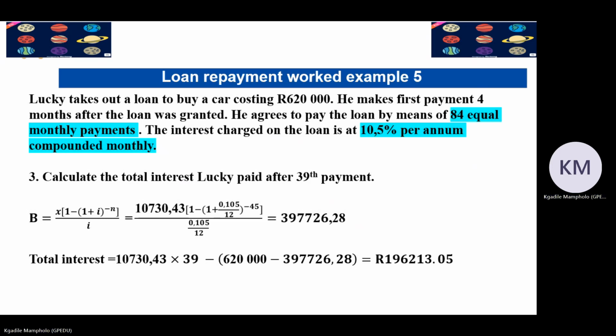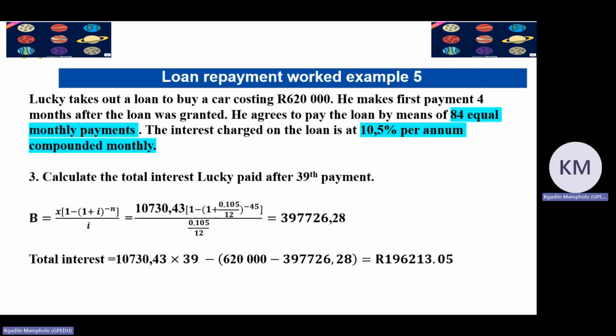Now, we need to calculate the outstanding balance. We have two formulae for calculating outstanding balance. I always prefer this one because you use the present value formula that is given in the formula sheet, but instead of P, you put B. So you can't forget it.